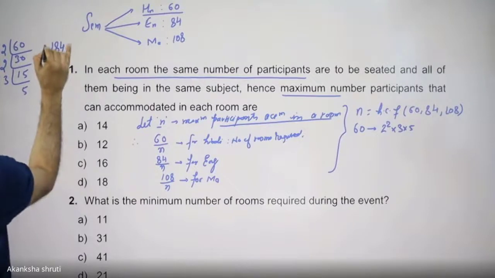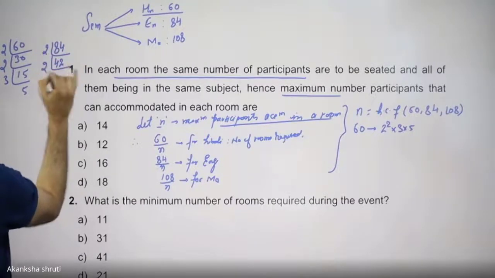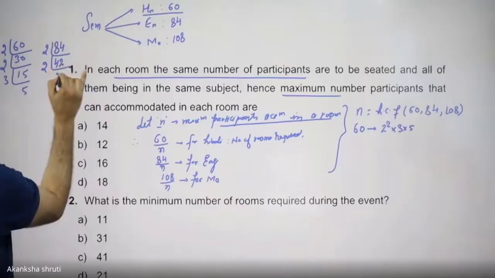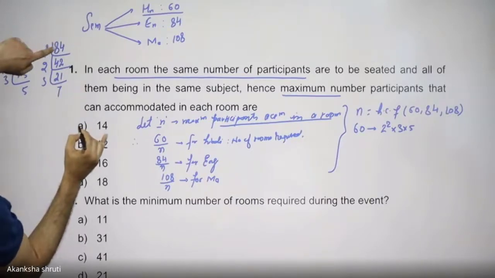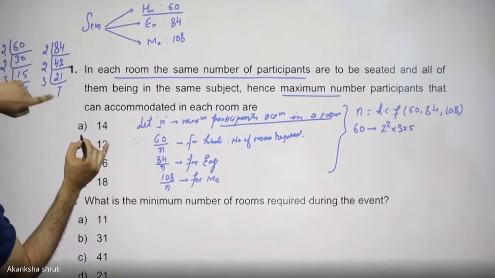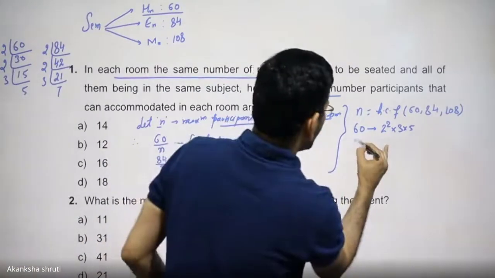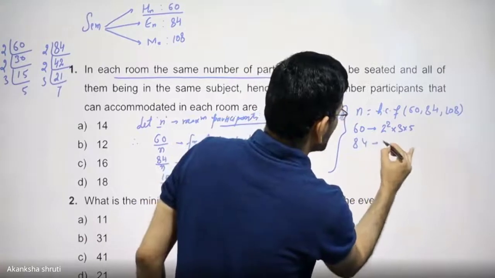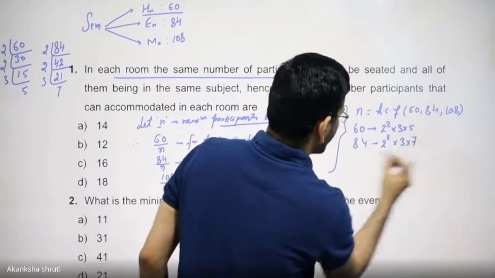Divisible by 2, it will be 42, then 2, 21, then divisible by 3, 7. So 84 can be written as 2 into 2 into 3 into 7. Therefore, it is 2 square into 3 into 7.